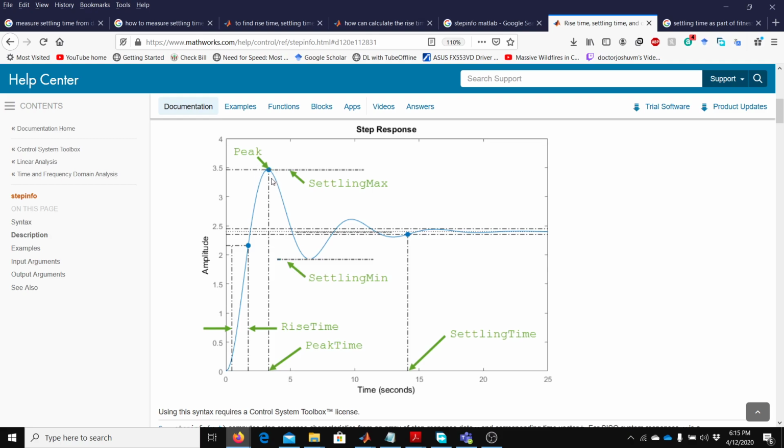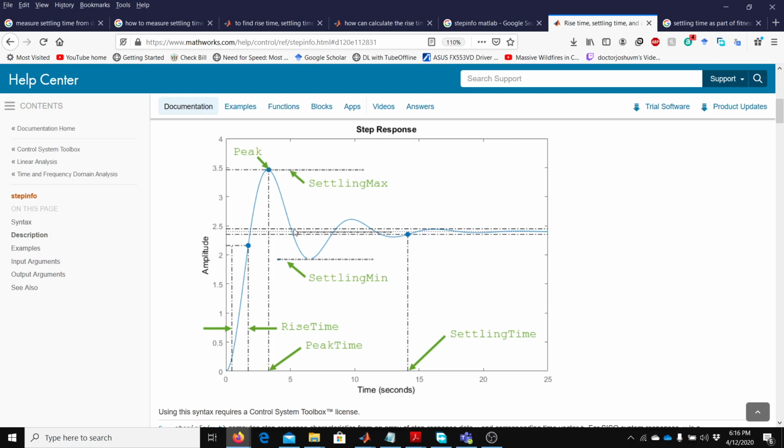You would definitely want these to be as small as possible, but especially the overshoot to be minimum, because if you have a desired set point, you don't want to overshoot that particular desired point. The other thing is you want to reach your desired value within a reference of error, which essentially means you would like to reach your steady state within a fixed error value.